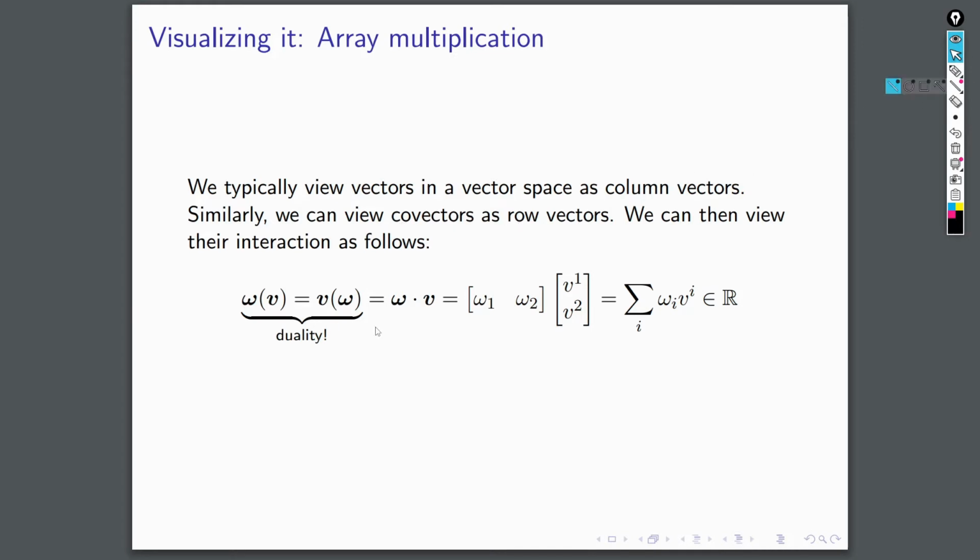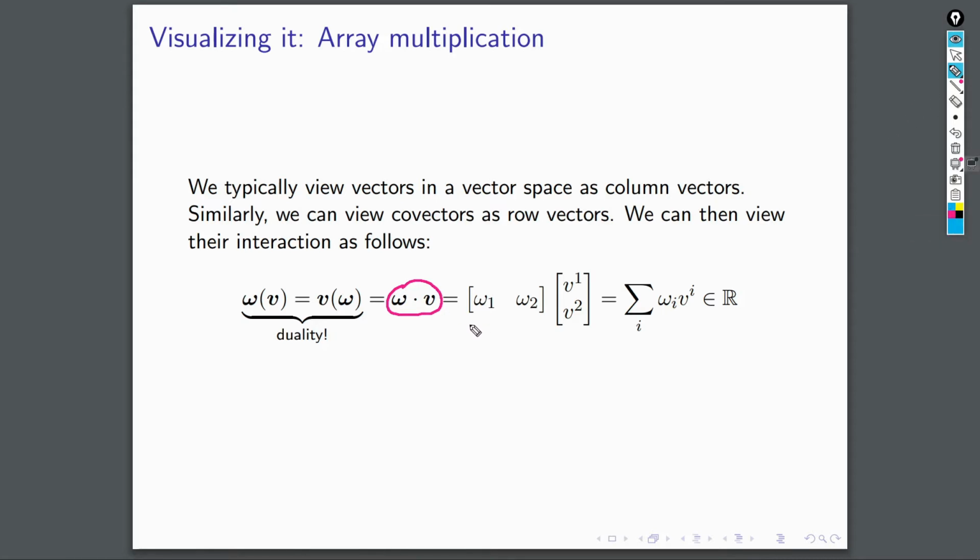Okay? And here's how we view their interaction. Okay, so we know that the covector acting on the vector gives us a real number, but because of the duality, the covector on the vector is the same as acting the vector on the covector. And this is typically written using a dot. Okay, and we can visualize it using matrix multiplication.